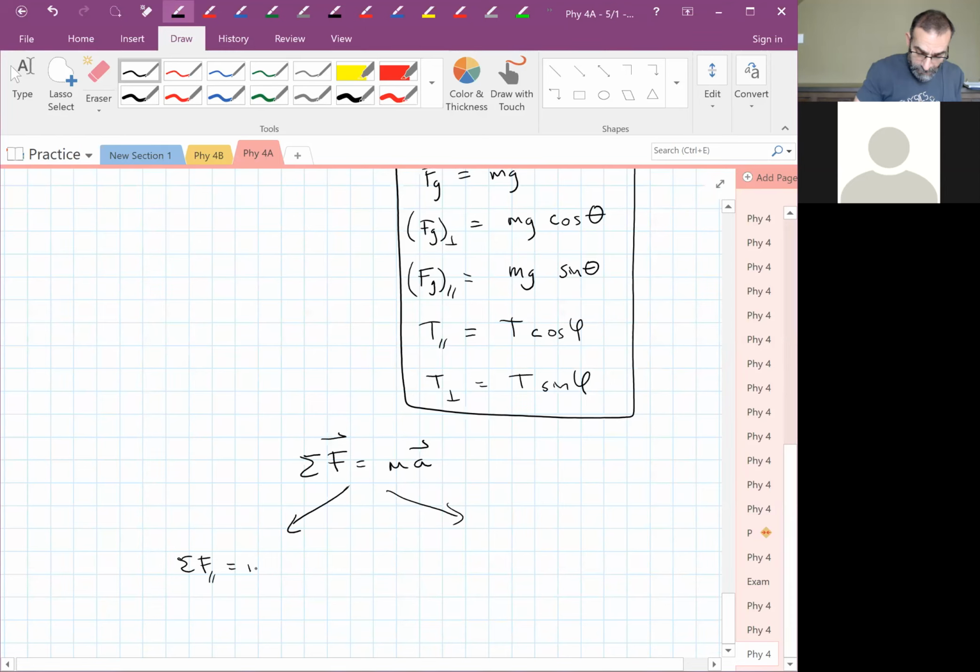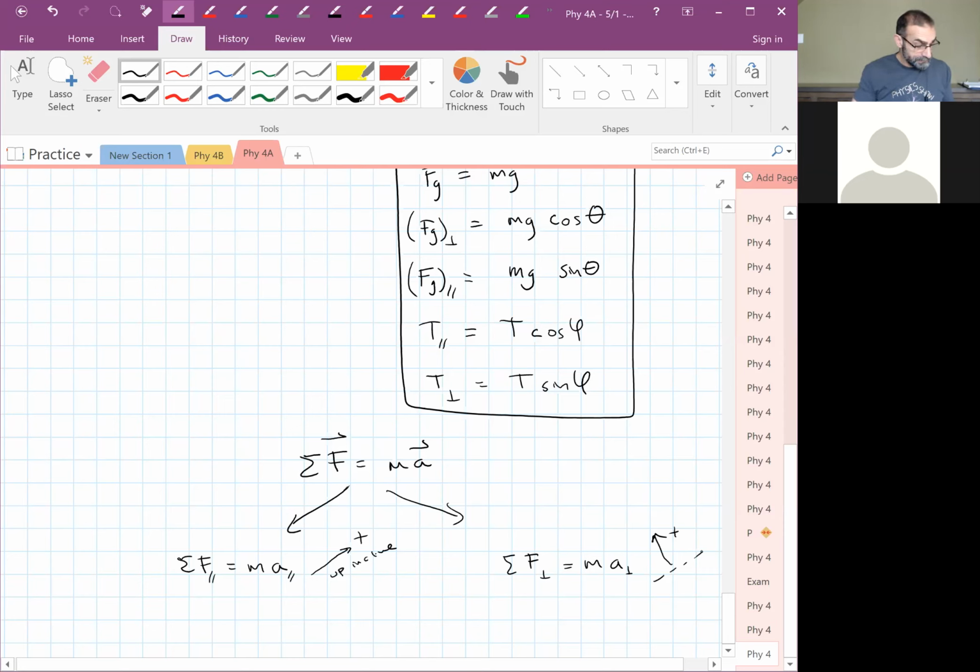Parallel, and I'll say up the incline is my positive direction. And then we say sum of the forces perpendicular equals ma perpendicular, and I'll say sort of up that way is my positive direction.